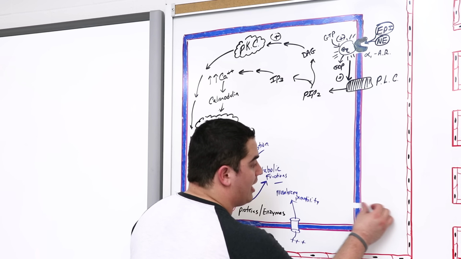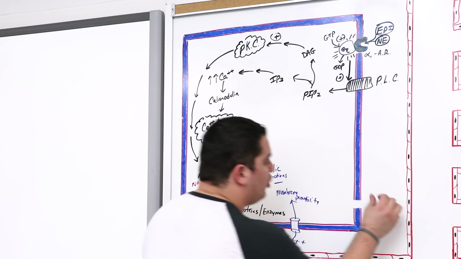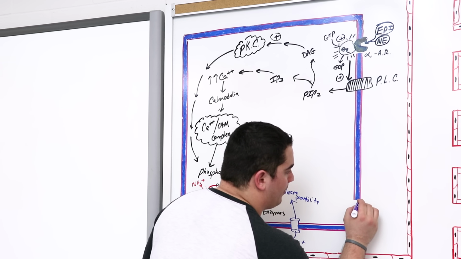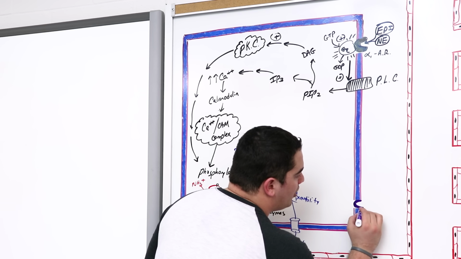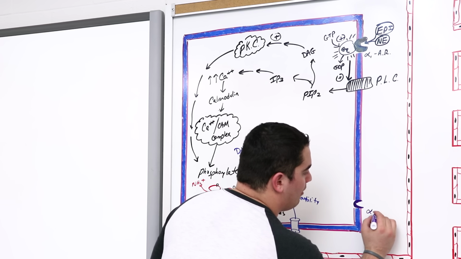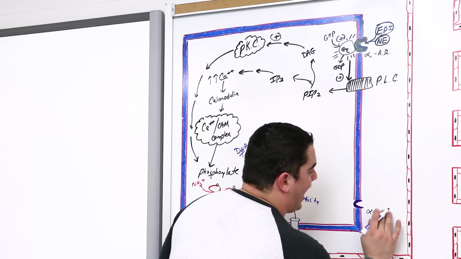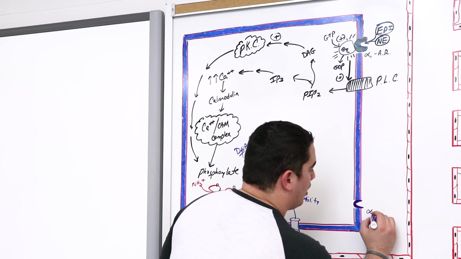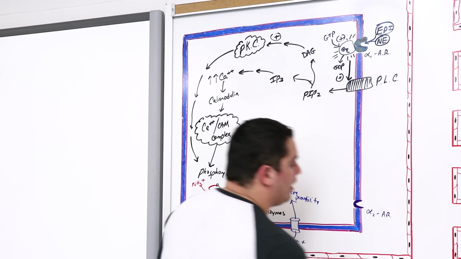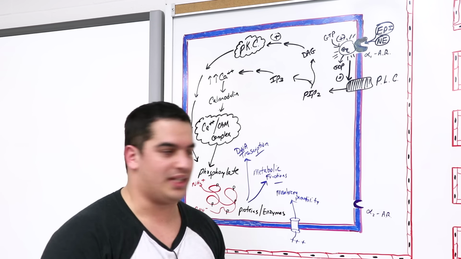So here, we're going to have a receptor right here. And alpha 2 is thankfully a lot easier here. So here's our alpha 2. And alpha 2 receptors, alpha 2 adrenergic receptors, are actually going to be G inhibitory, we said.